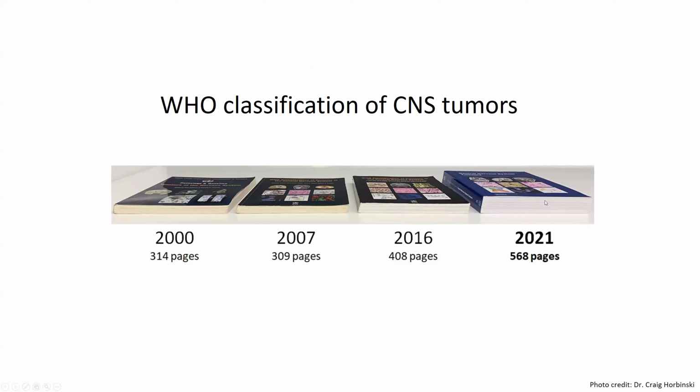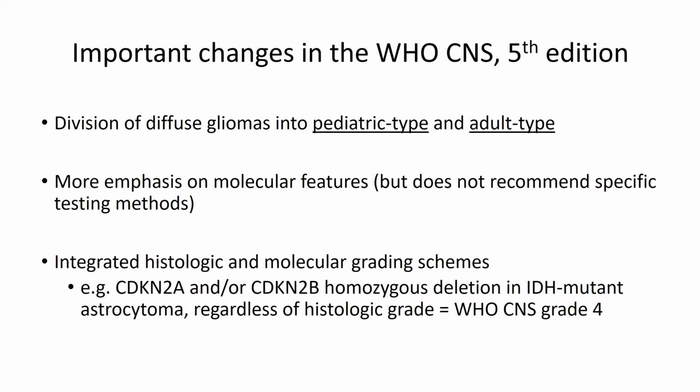We are currently using the 5th edition of the WHO classification of CNS tumors. And as you can see in this picture, there's been quite a jump over the years in the size of this book, which really reflects the complexity of the tumors it characterizes. A large part of this increase in size and total number of tumor types described is the recent division of these diffuse or circumscribed gliomas into pediatric type and adult type.